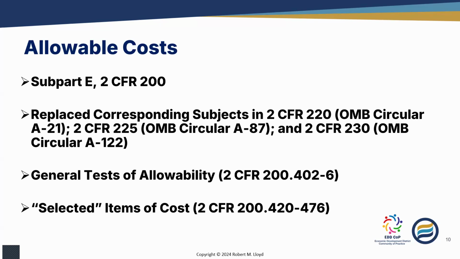We got along for a long time in the cost principles without mentioning booze, but OMB had to issue a policy related to alcoholic beverages because some grantees, a few, apparently in focusing on social events and other sorts of things, attempted to charge alcoholic beverages to the federal government.